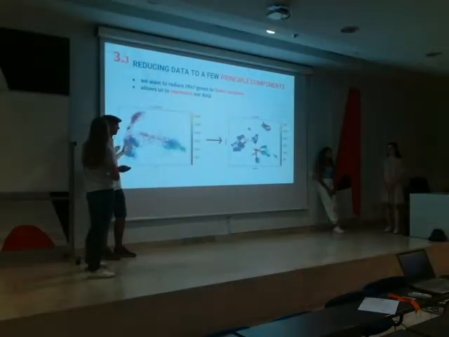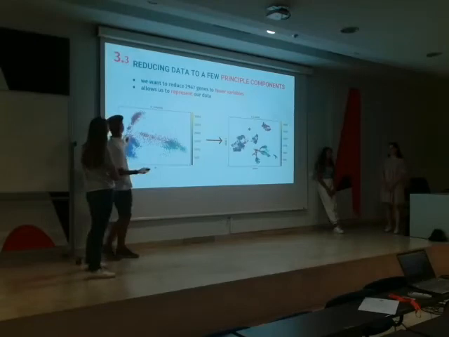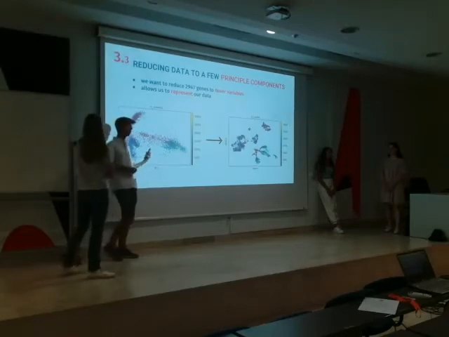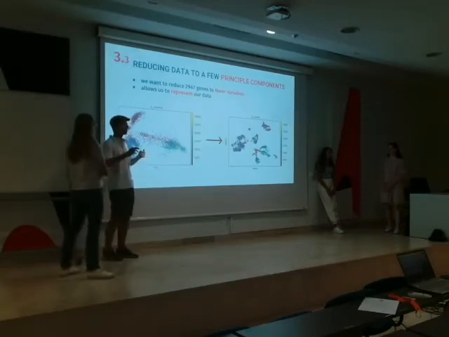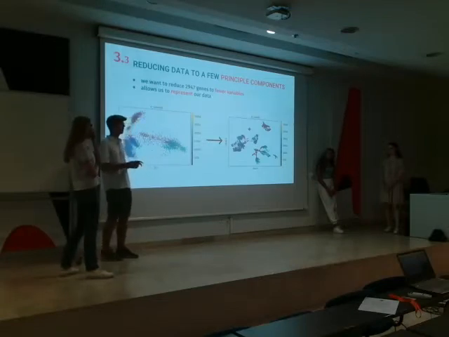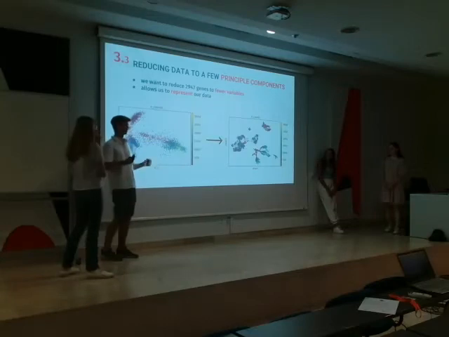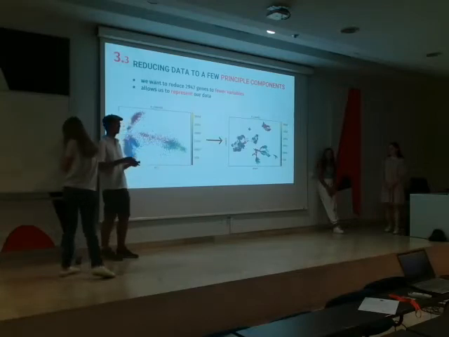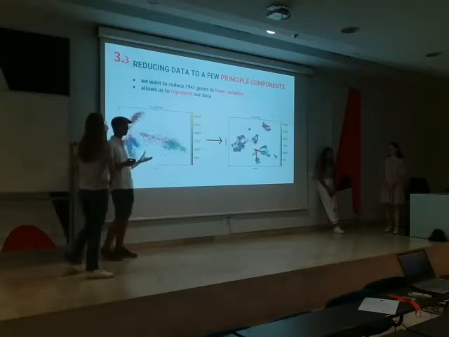But we wanted to go further with reducing our data, and this we did with principal component analysis, which is basically, we have our roughly 3,000 genes, but we want to make 30 principal components out of them, because it's much easier to handle 30 data points.